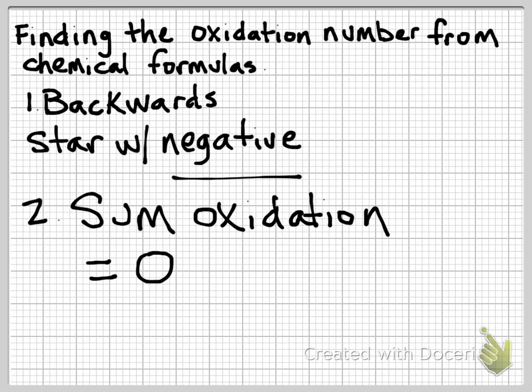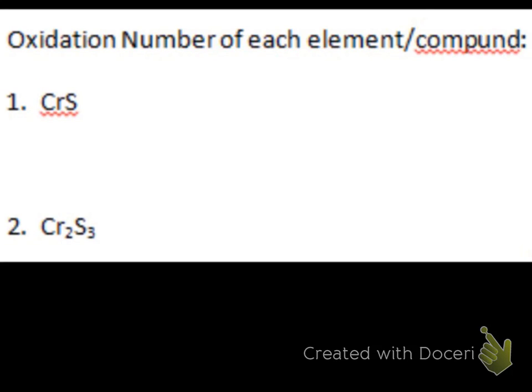Okay, so the formula is neutral, and by knowing that it's neutral and knowing the negative ion, you can find the charge or oxidation number of the positive ion. So you should have your notes at your desk by now. And we'll look at question 1 and 2. Question 1 and 2 have the same elements.